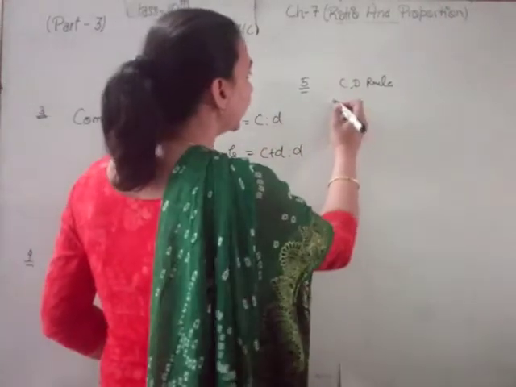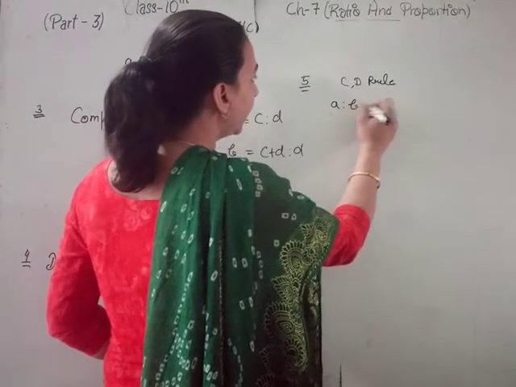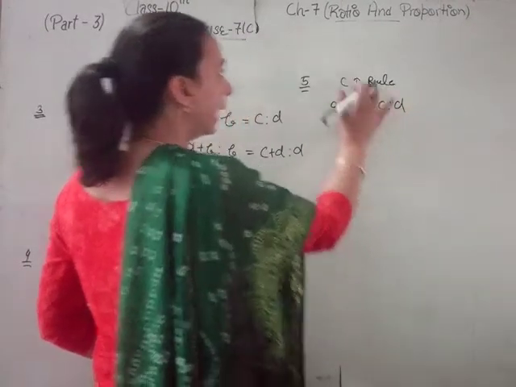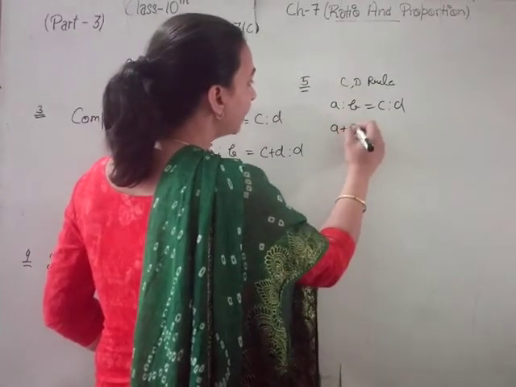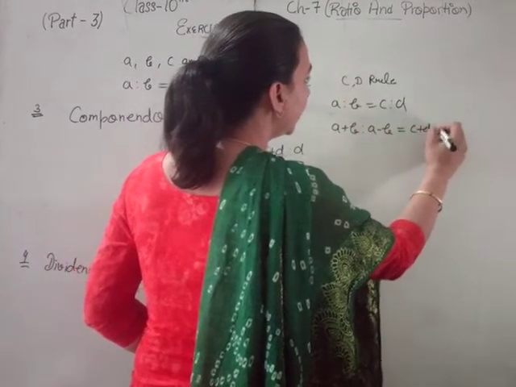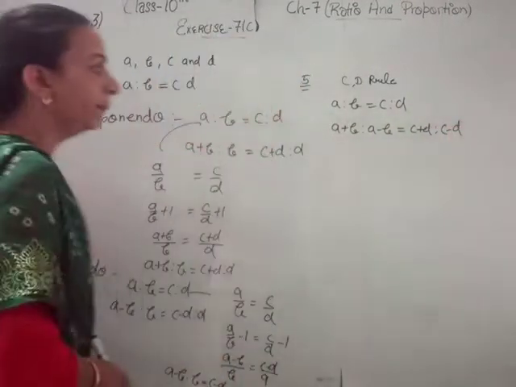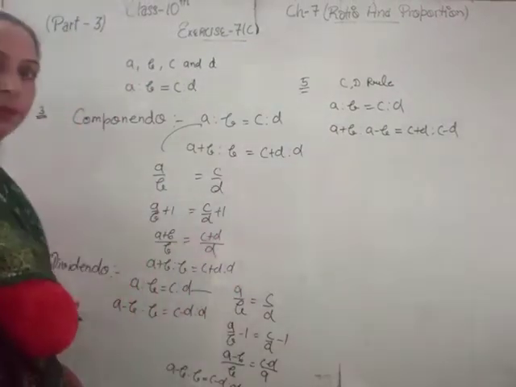According to this, if A ratio B equal to C ratio D, then with the help of componendo dividendo we write A plus B ratio A minus B equal to C plus D ratio C minus D.